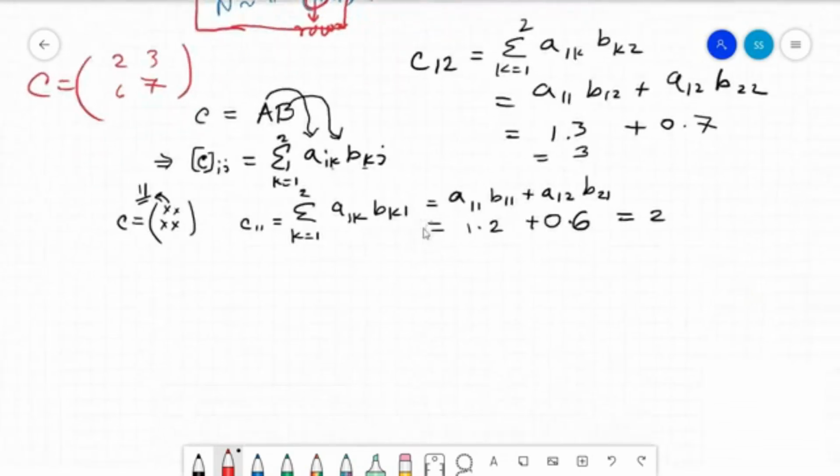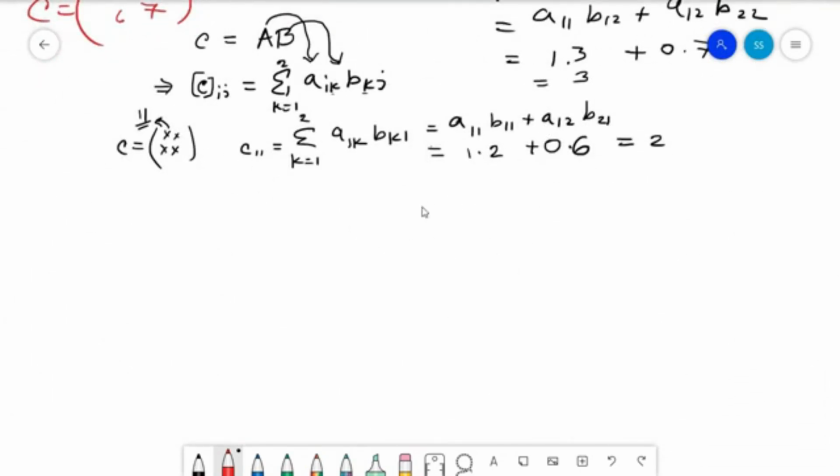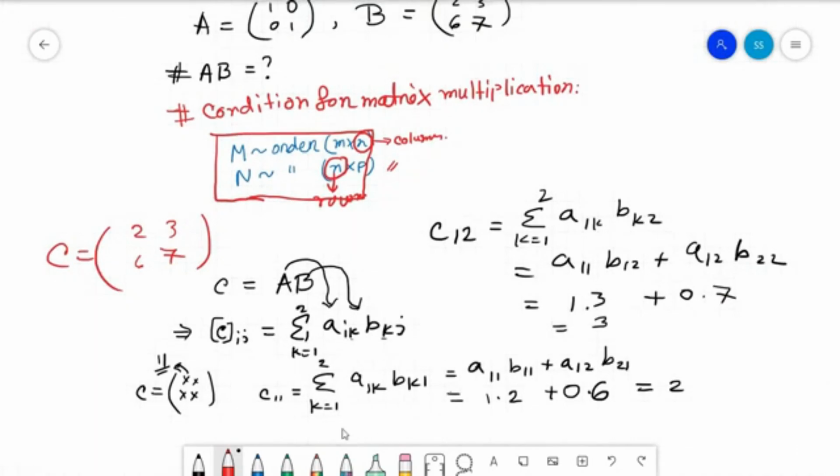So this is the formal definition of matrix multiplication, and a thing to note is that, in general, the upper limit on this summation will depend on the n's. That is, if you consider two matrices capital M and capital N, which have order small m cross n, the upper limit on the summation will start from 1 and it will end on n.